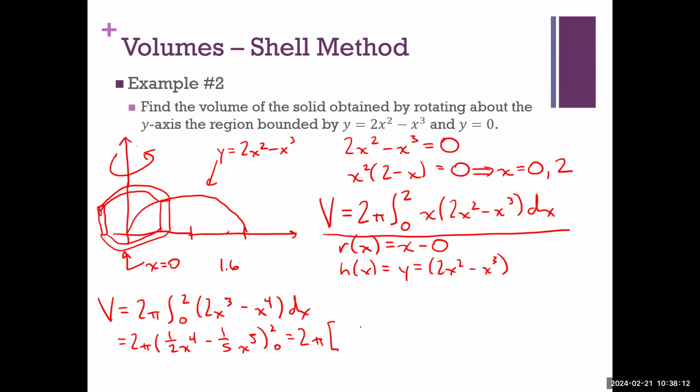One half of 16 is 8 minus 32 over 5. All right, someone double check me on that number. I think that's okay.